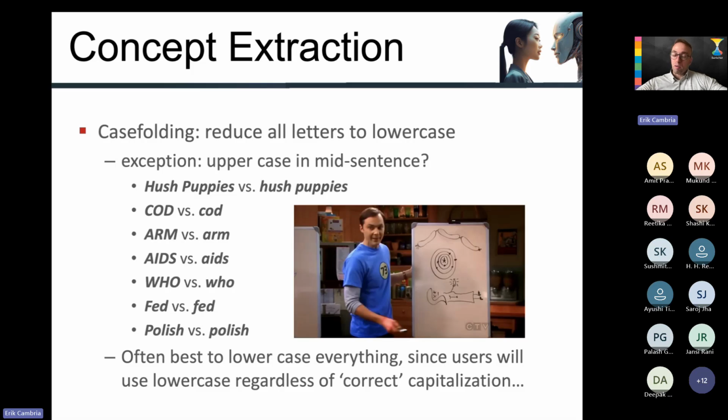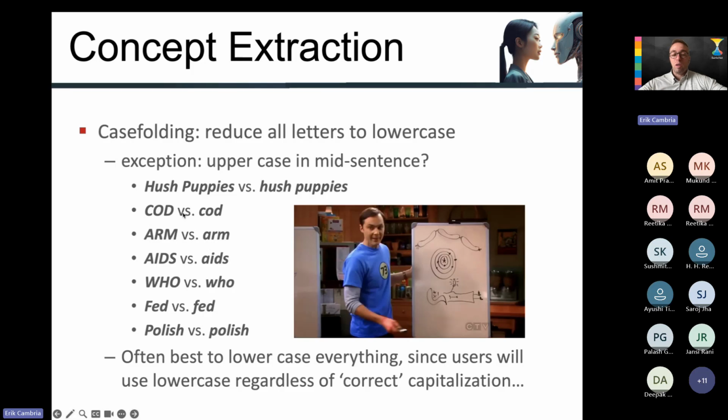Another important part of concept extraction, but also normalization in general, is case folding. Here you also see that this could be under the umbrella of syntactic processing. But this is specifically important for concept extraction because, as you know, many words can refer to different meanings depending also on the case that is used.